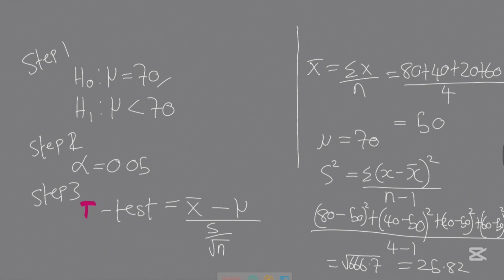Now we input all this into our formula. Remember, t-test equals your sample mean minus your population mean, divided by s, that's your standard deviation, over square root of n. We got our sample mean as 50.